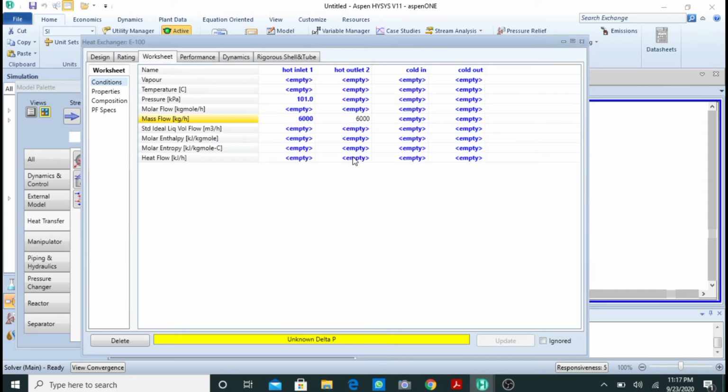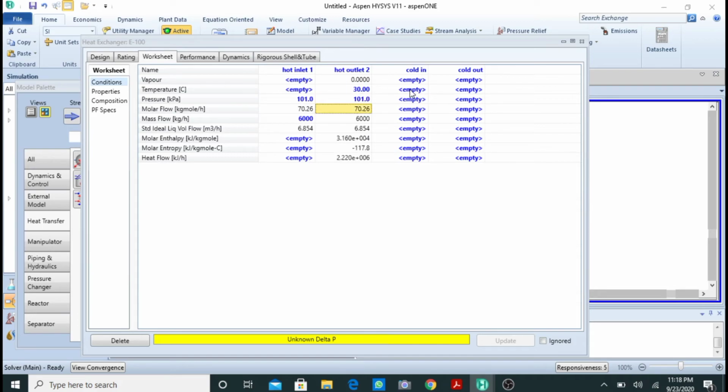Now I have filled in the basic requisites. I was given that its temperature was changed from its boiling point to 30 degrees, so I will write 30 over here. There was no pressure loss, so I will write 101 here as well.